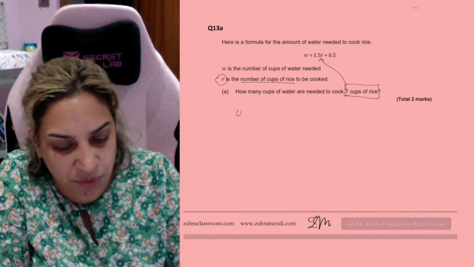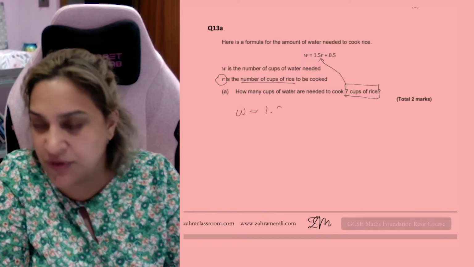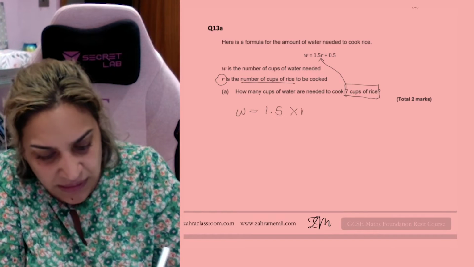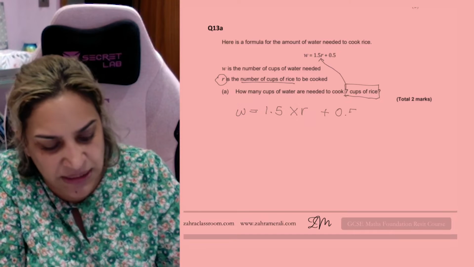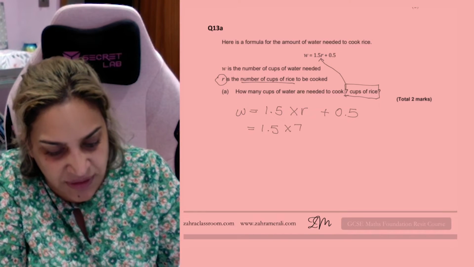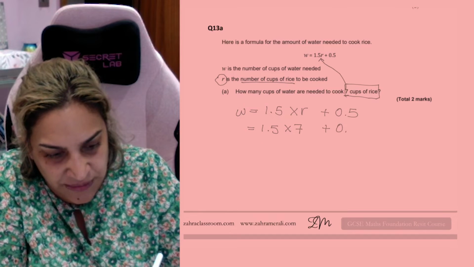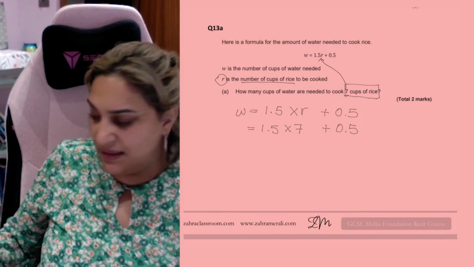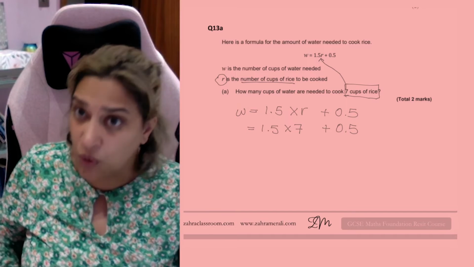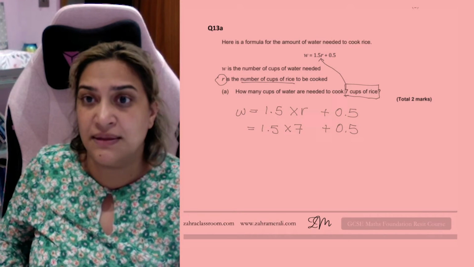So remember 1.5R means 1.5 times R. So we're just going to say, well, that's the same as 1.5 times 7 plus 0.5. If I'm not mistaken, this was a calculator question, so you could take your calculator out. But if it wasn't, you could still do it in the same way.